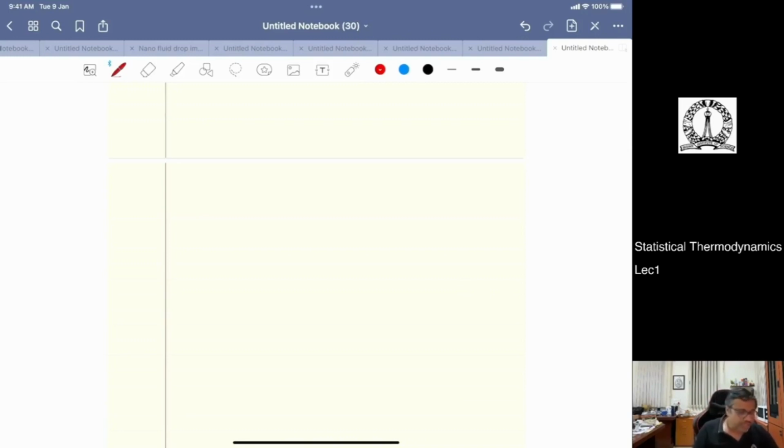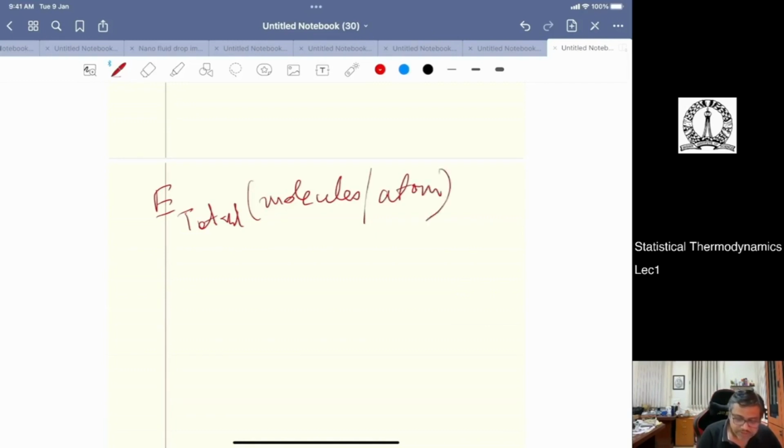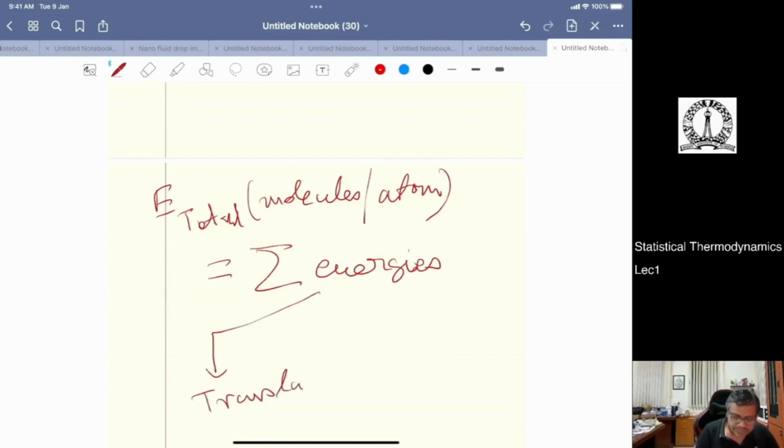Now, the total energy of a single molecule or atom, whatever, can be taken as the sum total of the energies caused by what we call the translational mode.